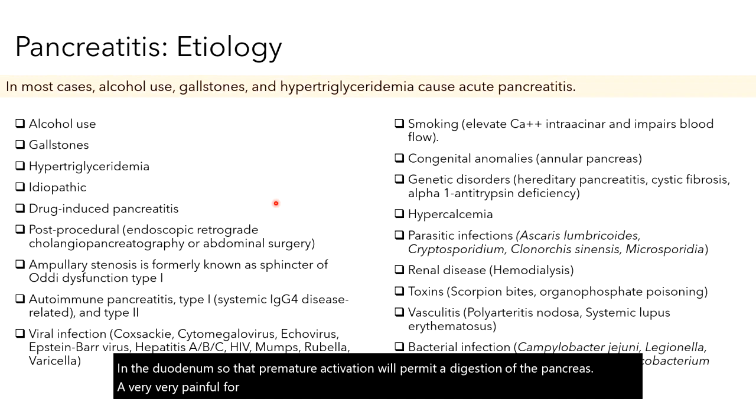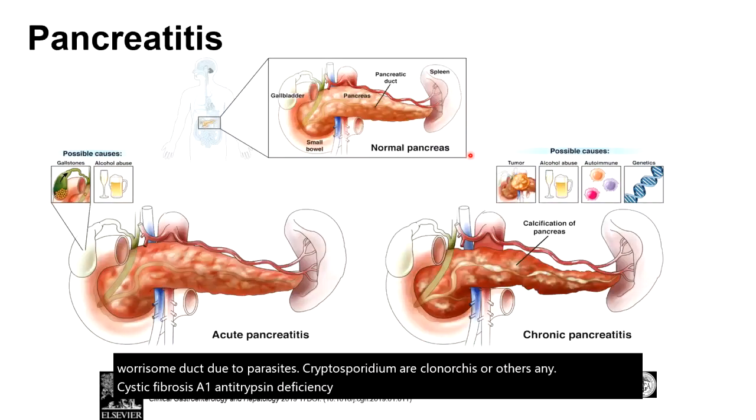You also have autoimmune pancreatitis. You have pancreatitis after an obstruction of the Wirsung duct due to parasites, Cryptosporidium, Ascaris, Clonorchis, or others. Also cystic fibrosis, alpha-1 antitrypsin deficiency, smoking. Okay, so we have a lot.